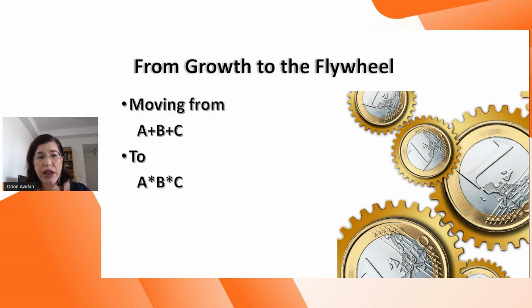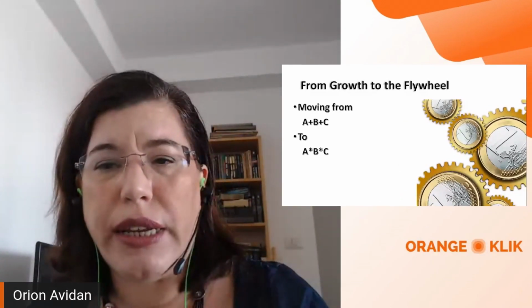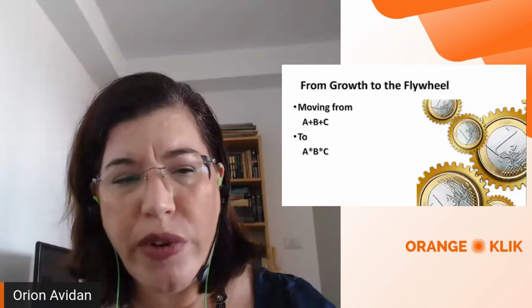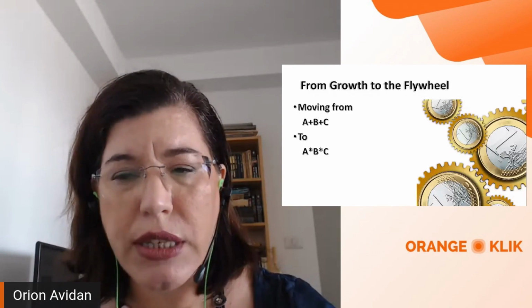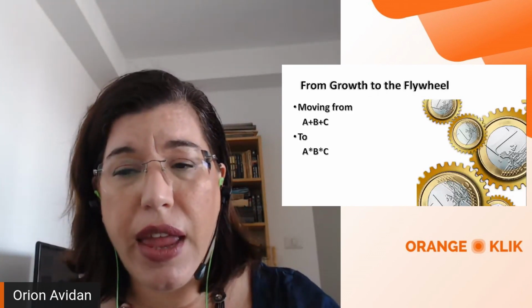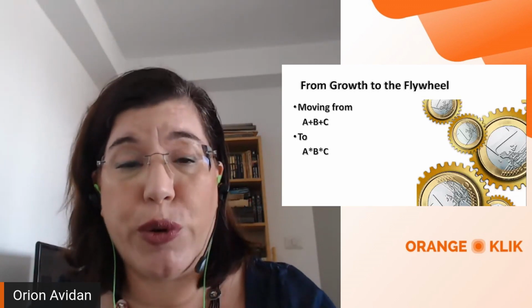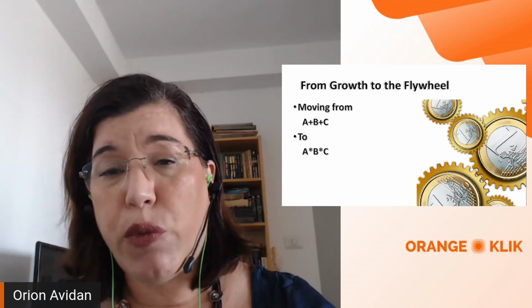This means that instead of having just A plus B plus C, one product and another product and another product, and reviewing all of them as separate business units, we move to a compounding effect where we understand the connection between the products and the growth factors that we have and how they impact each other, of course, sometimes in a positive way and sometimes in a negative way.